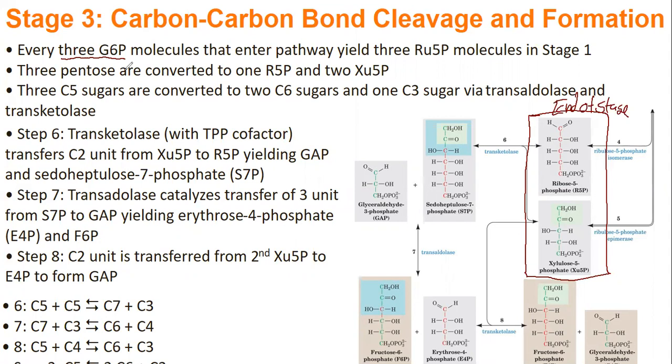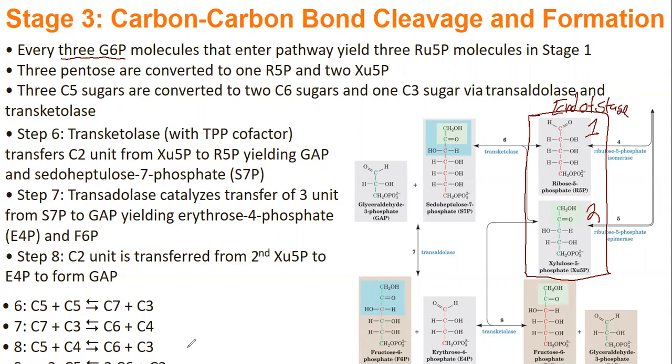And then in stage 2, we currently have 1 ribose and 2 xylulose 5-phosphates waiting for stage 3. Okay, so the idea of stage 3 is that we're going to take these 5-carbon compounds and change them into 2 6-carbon compounds and a 3-carbon compound.